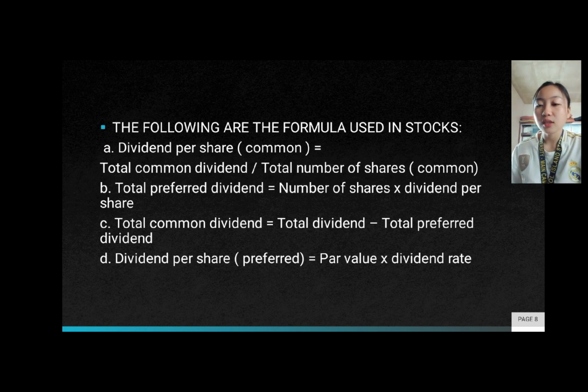Next is the total common dividend: total common dividend is equal to total dividend minus the total preferred dividend. The fourth one is the dividend per share for preferred stock: dividend per share is equal to par value multiplied by the dividend rate.